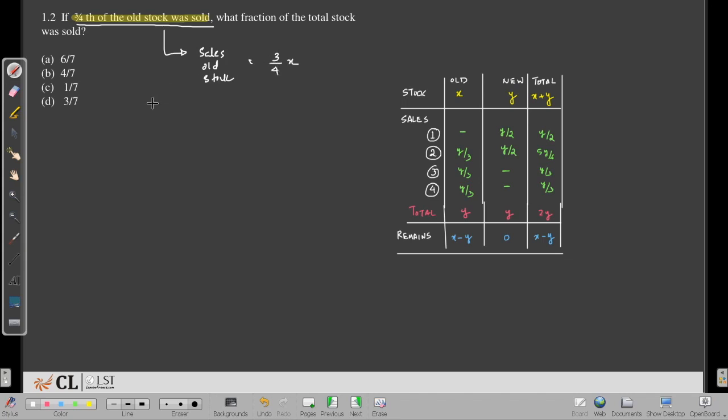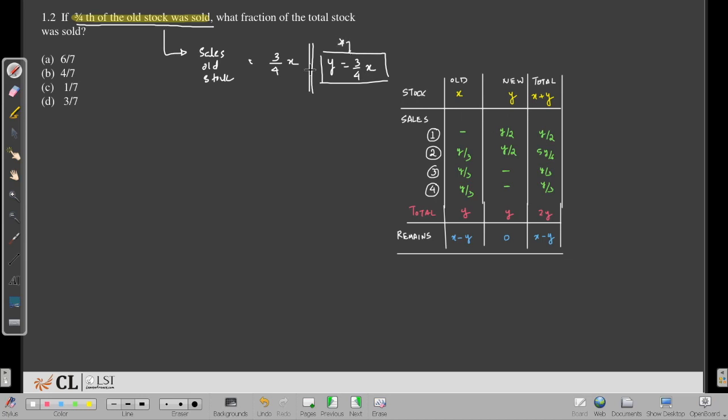Now, the total sales of old stock is equal to y. That gives us information that y would be equal to 3/4 of x, and this would help us get everything in just one variable, y or x, whichever way you look at it. We'll use this later, but let's keep this in mind for subsequent questions.